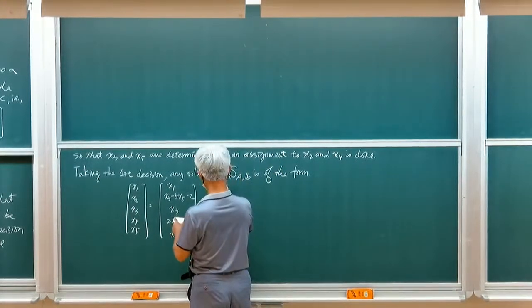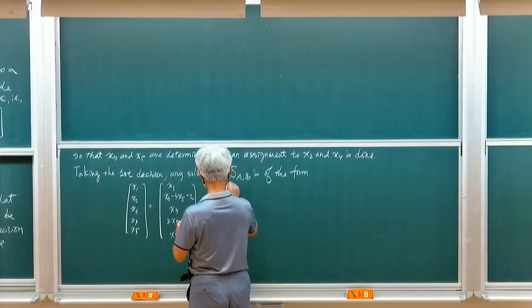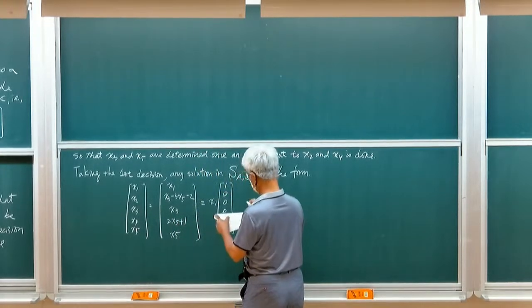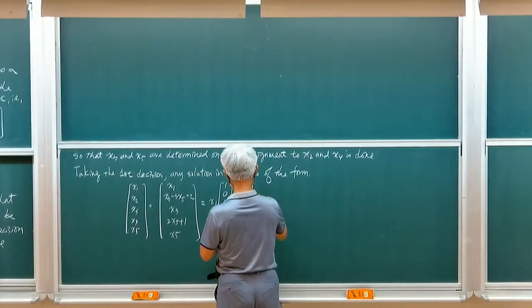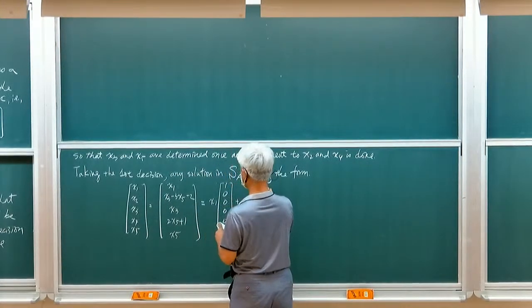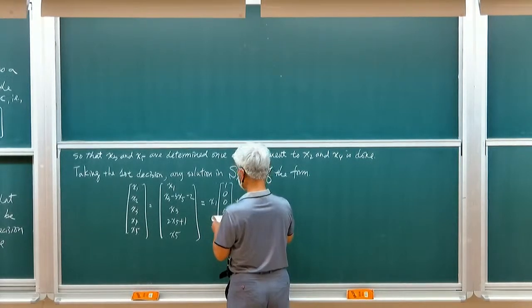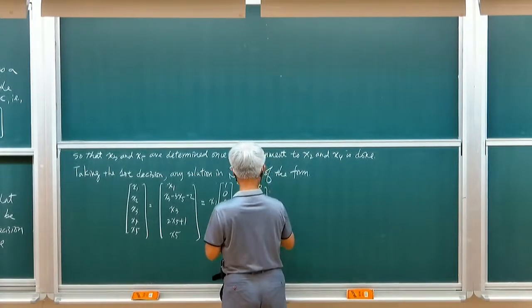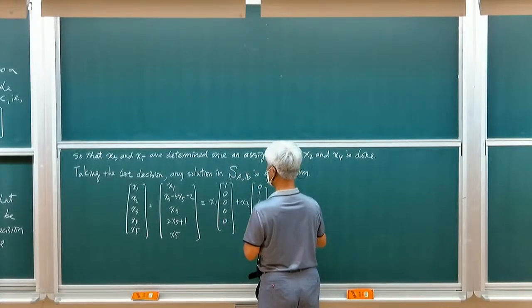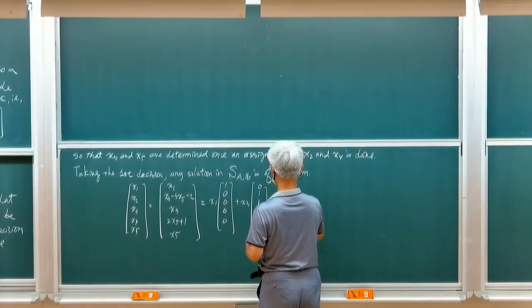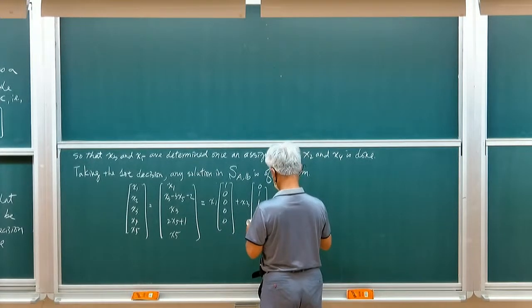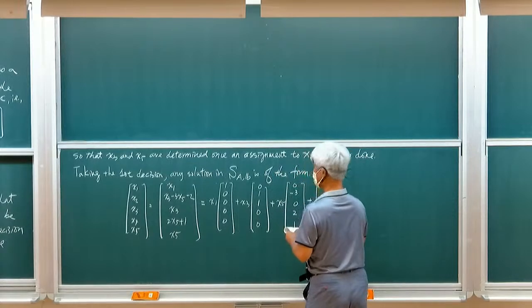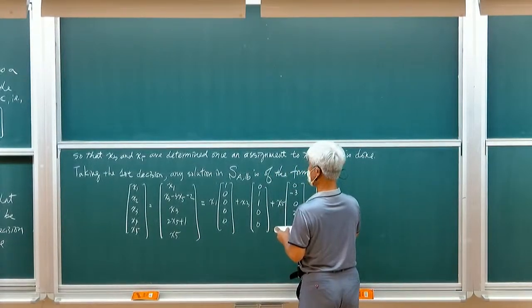And so this becomes x1, x1 can be assigned freely. x3 can be assigned freely. And this is 0, 1, 1, 0, 0. x5, 0, minus 3, 0, 2, 1, plus a constant, 0, minus 2, 0, 1, 0.